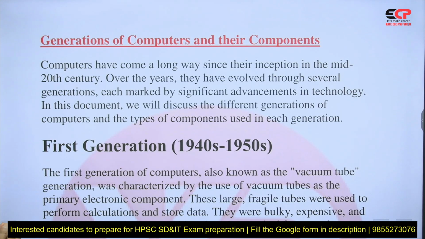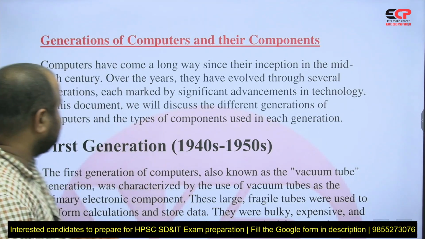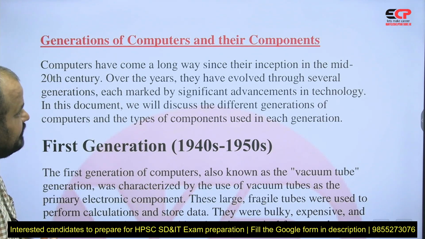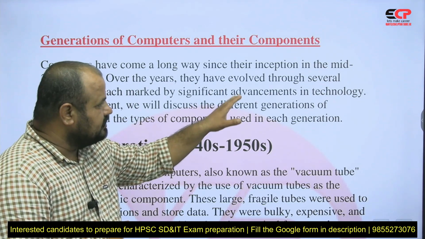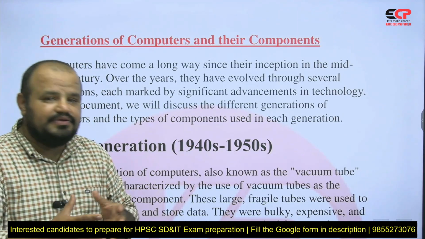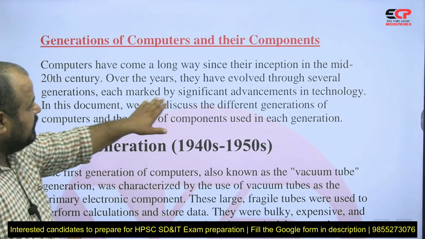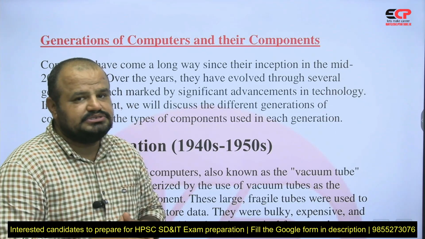First of all you need to give some information related to computer, that computers have come a long way since their inception in the mid 20th century. Over the years they have evolved through several generations. Yes, we have mainly 5 generations, each marked by significant advancement in the technology.